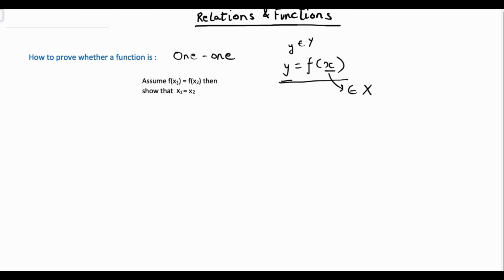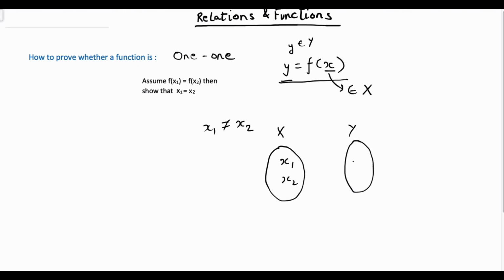So if we assume that f of x1 equals f of x2, and then it turns out that x1 is not equal to x2, then it shows that two elements of X are pointing to the same element, which is not the property of a 1, 1 function.